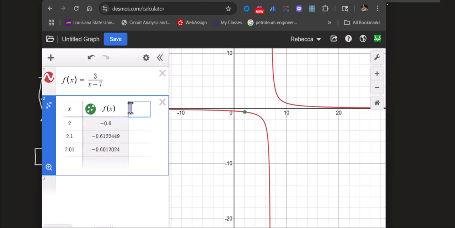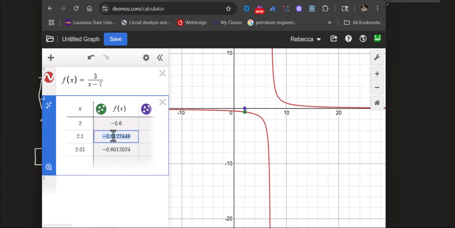Then I can make another column, 2 minus x, so that's my denominator, and then I want f of 2 minus f of x, and that gets me that value.